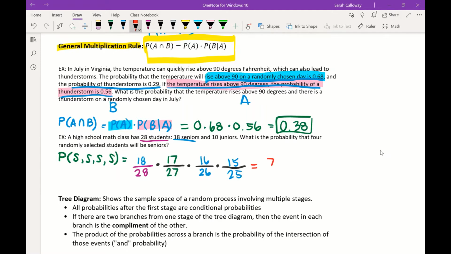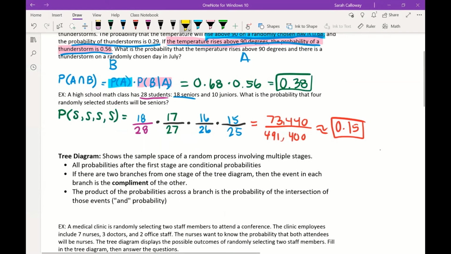If I multiply across the numerators, I get 73,440. If I multiply across the denominators, I get 491,400. And when I divide that, I get 0.149, so I'm going to round that up to 0.15. So the probability that 4 randomly selected students are seniors is 0.15 or 15%.